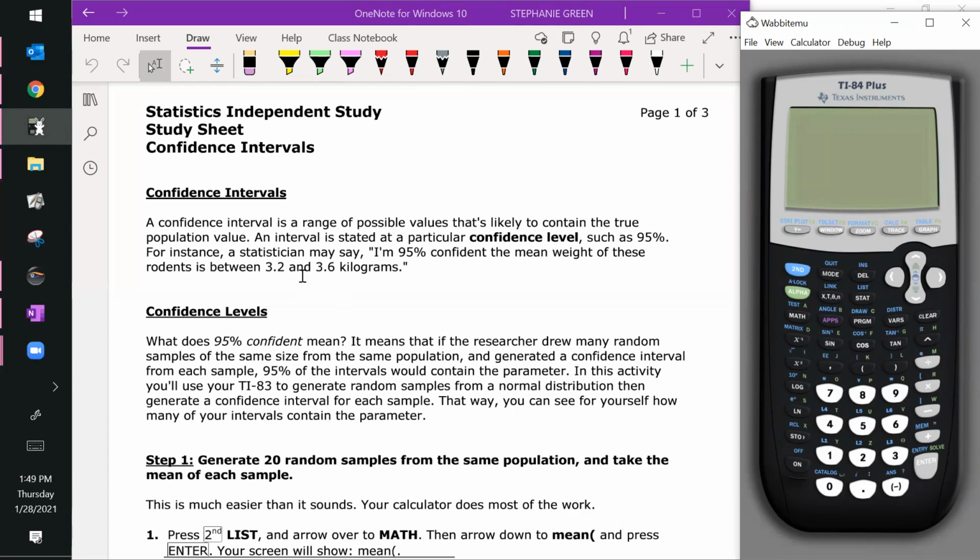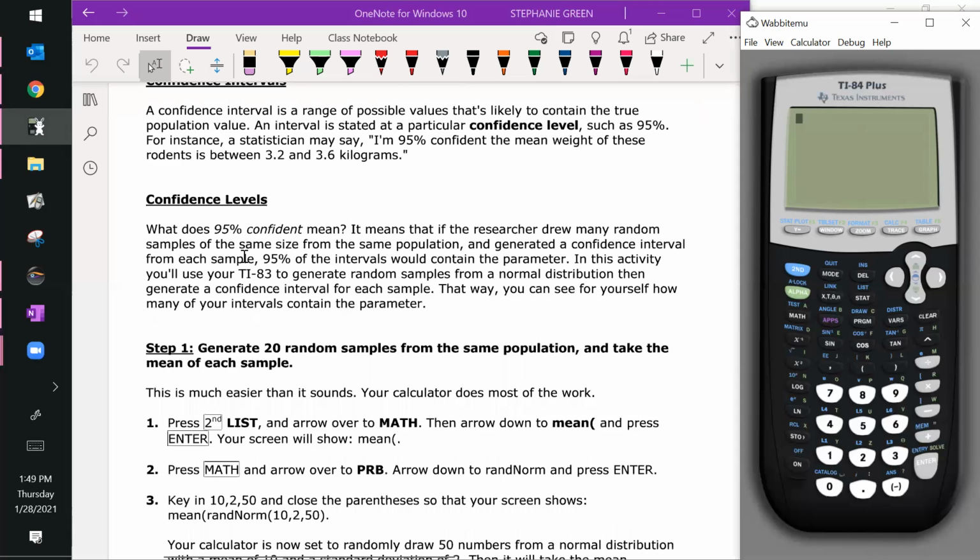The range of values is a confidence interval. The percentage is the confidence level. When we're using confidence intervals, we're saying that we are this percent confident that the true population value, in this case the population mean, would be between these two boundaries.